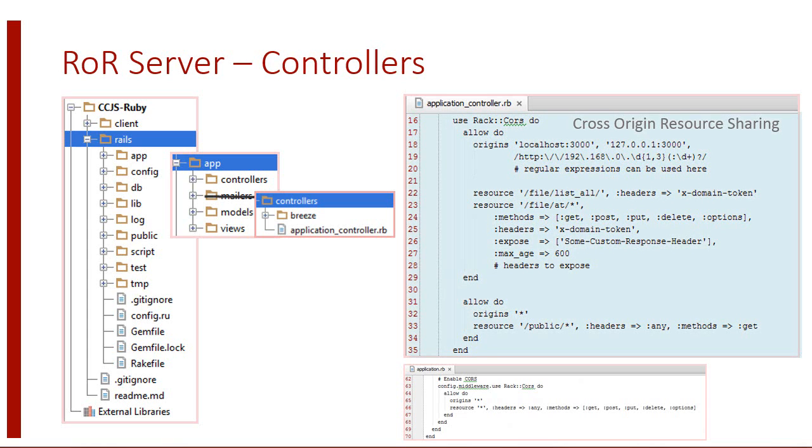We need that because the Rails server is at one address, and the client-side assets, the HTML, CSS, etc., are at a different server address, and the browsers are prohibited from doing cross-origin AJAX calls unless we do something like CORS here.